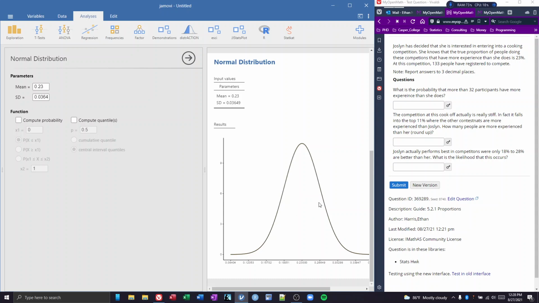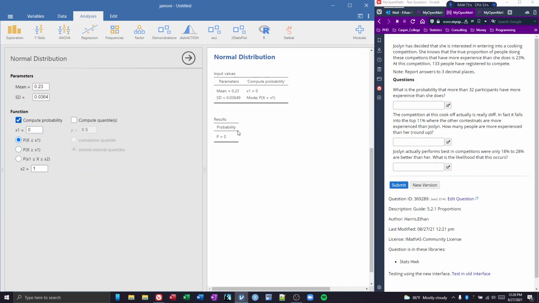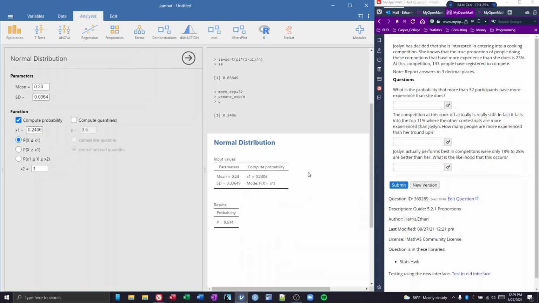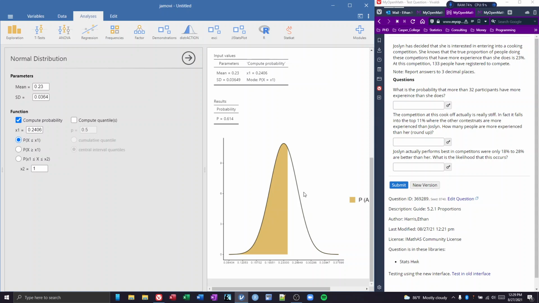Now this behaves just like any of the other normal distribution probabilities that we've been working on. So we can compute the probability, and it says more than these 32 participants, and we need to put that in proportional form, this sample proportion, as 0.2406. Now when we look at our graph, we've made a mistake because it shaded the less than side.